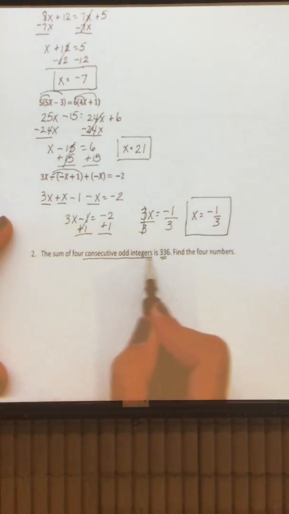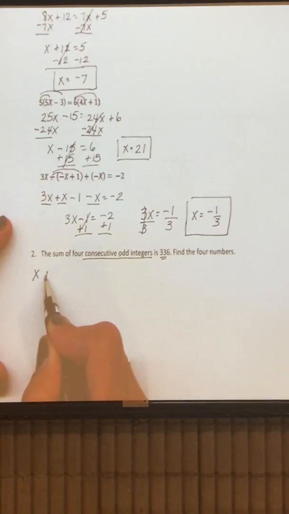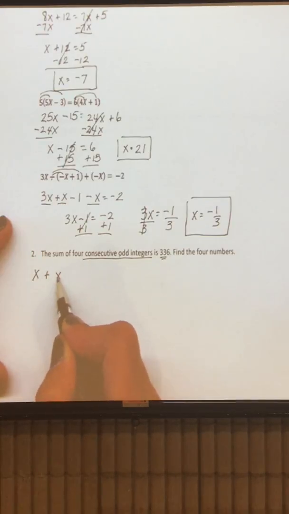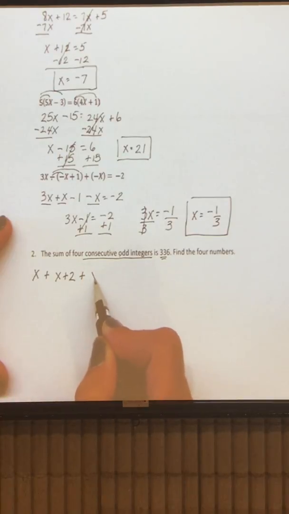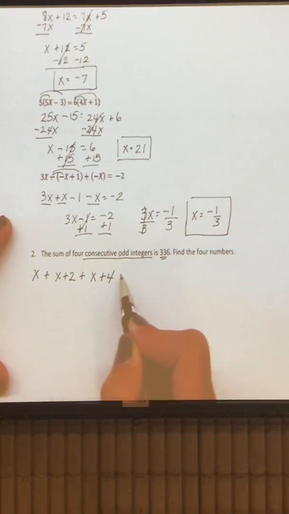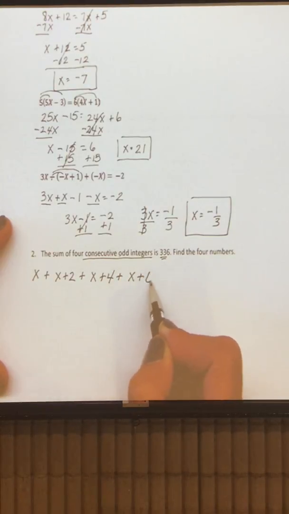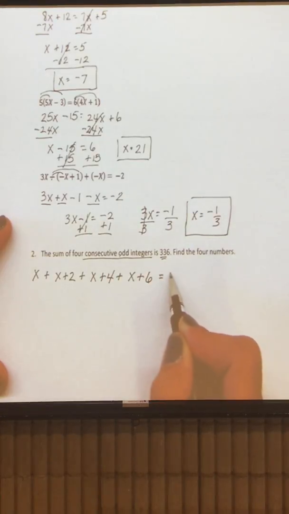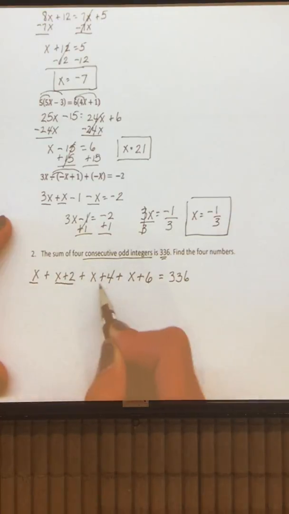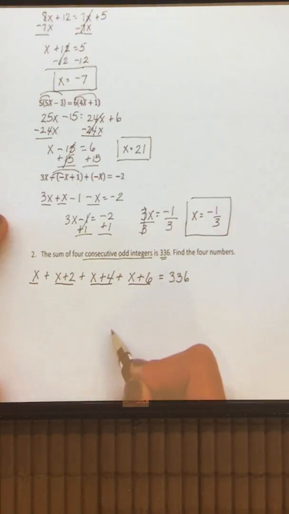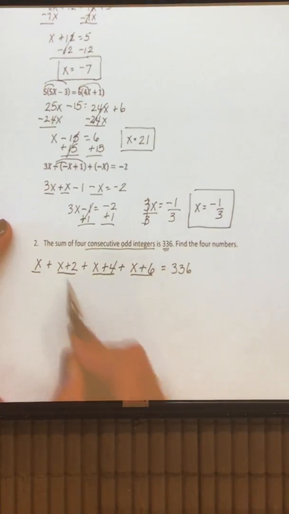Remember that the sum of 4 consecutive odd integers is x, which is the first, plus the second is x plus 2, plus the third is x plus 4, plus the fourth is x plus 6 is equal to 336. Combining these terms, x plus x plus x plus x is equal to 4x.